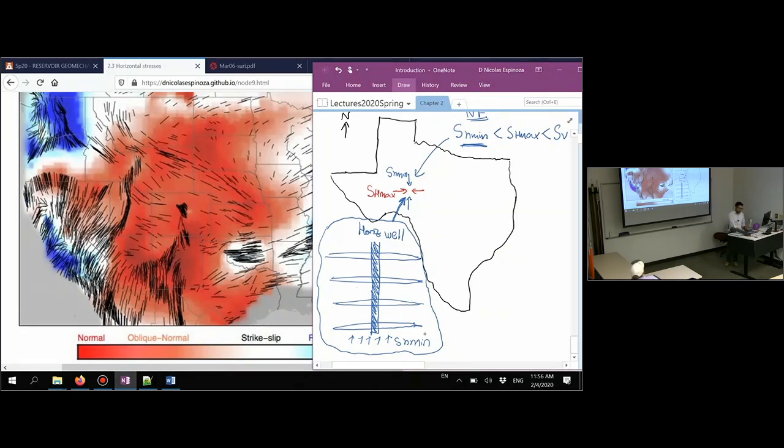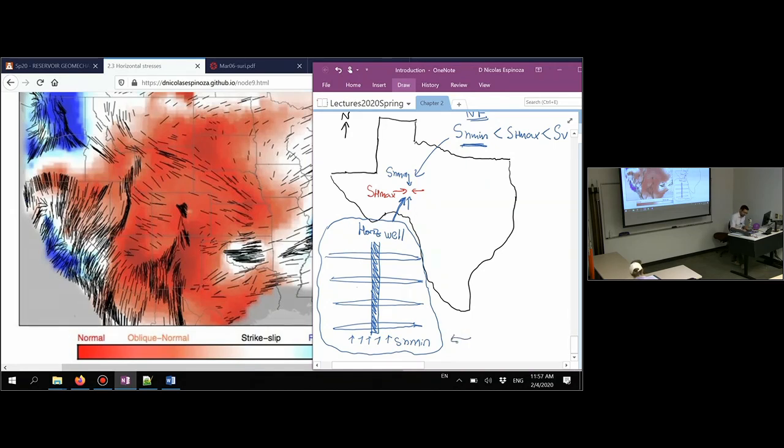A better way to understand how the fracture propagates is to think about in which plane the fracture is doing work against. So in this case, the fracture is opening perpendicular to the minimum principal stress and doing work against that direction, and it's opening, as I was saying before, perpendicular to the minimum principal stress.